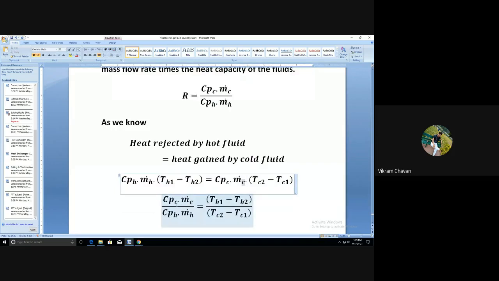Then we can say that CPC multiplied by M dot C divided by CPH multiplied by M dot H will be equal to TH1 minus TH2 divided by TC2 minus TC1.